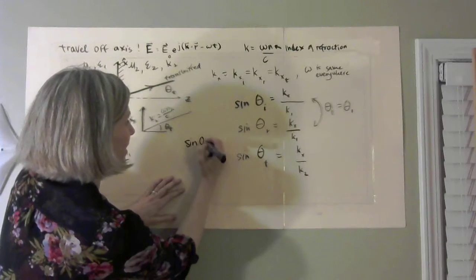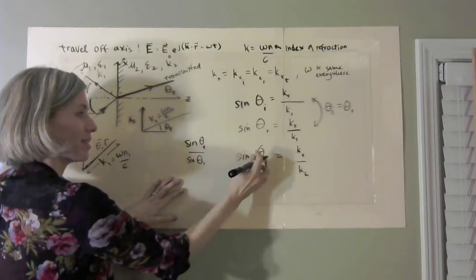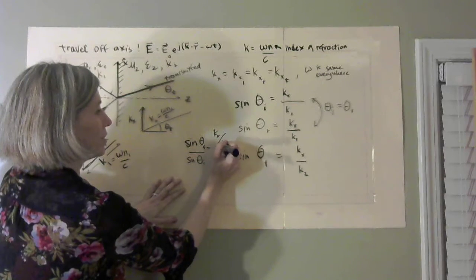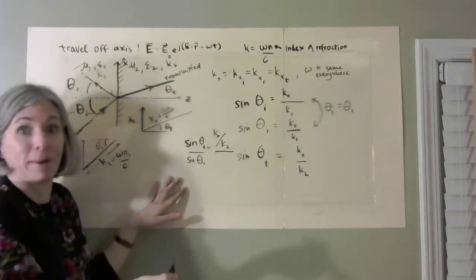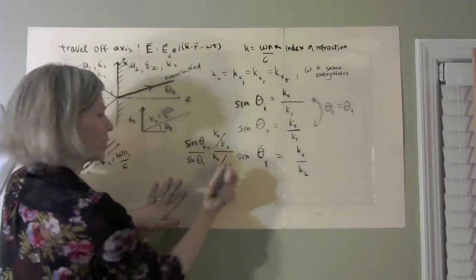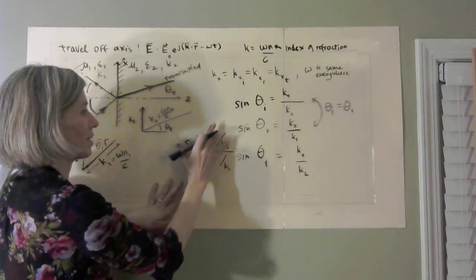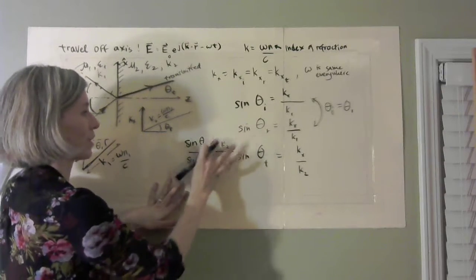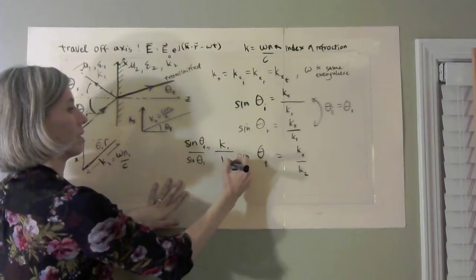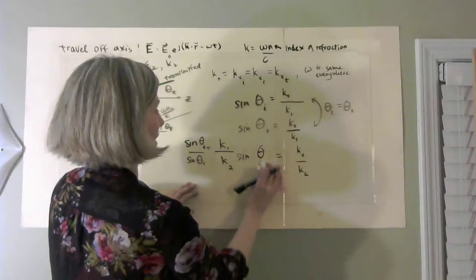So sine theta t over sine theta i: take this one, divide by this one, is k sub x over k2 divided by k sub x over k1. Get rid of those pesky k sub x's, and we're going to get k1 over k2.